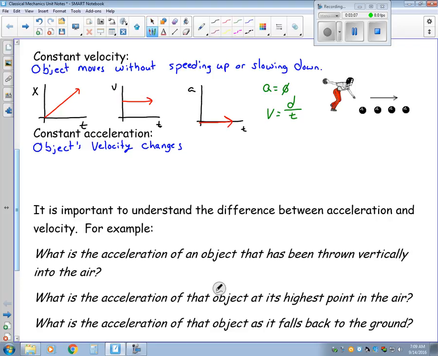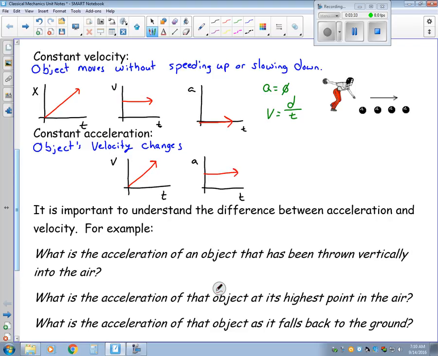So this time, if I were to make a velocity versus time graph, the object's velocity is changing, so I would see a diagonal line. The acceleration graph, if the acceleration is constant, I would see some sort of horizontal line.